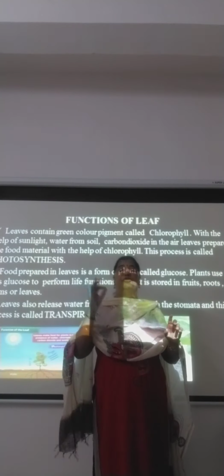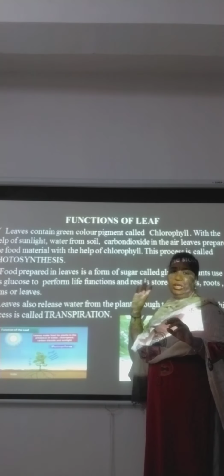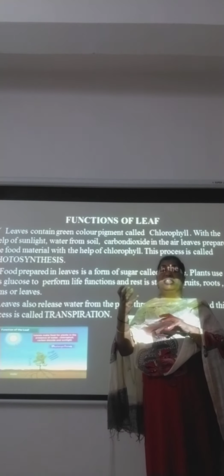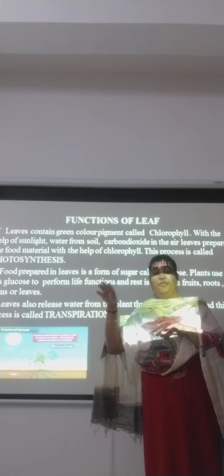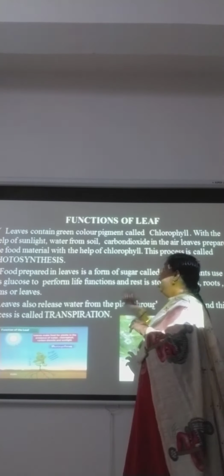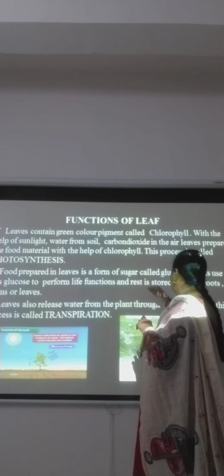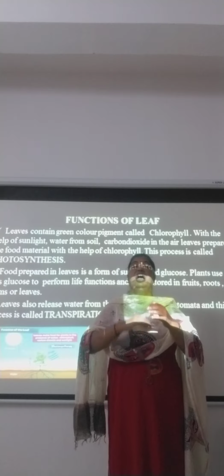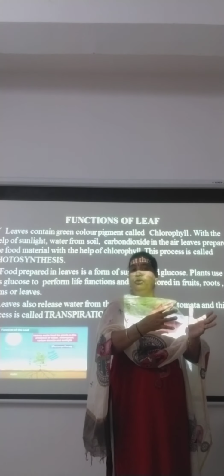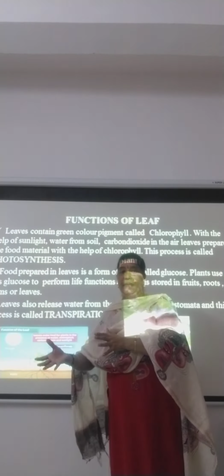Now, next one. Food prepared in the leaf is in the form of sugar called glucose. Okay? So the food which is prepared by the leaf, what is the form? It is in the form of glucose. And this glucose is used for the plant to grow. And this glucose is used to prepare a vegetable.